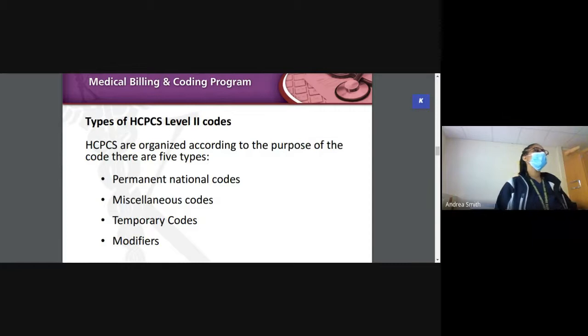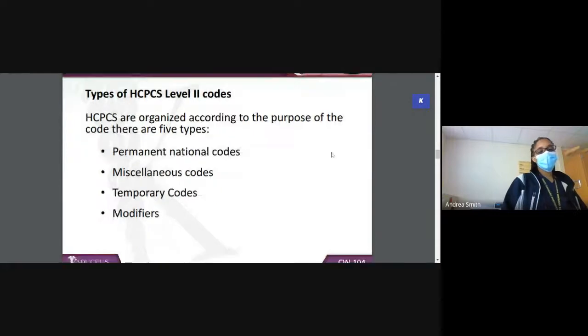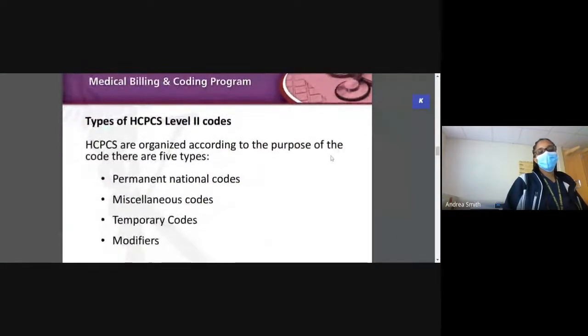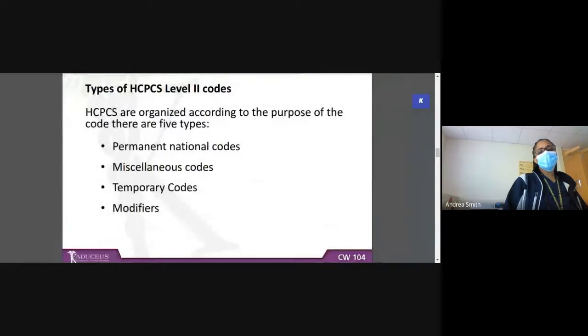Types of HITPIX Level 2 codes. HITPIX codes are organized according to the purpose of the code. There are four types, not five: permanent national codes, miscellaneous codes, temporary codes, and modifiers.